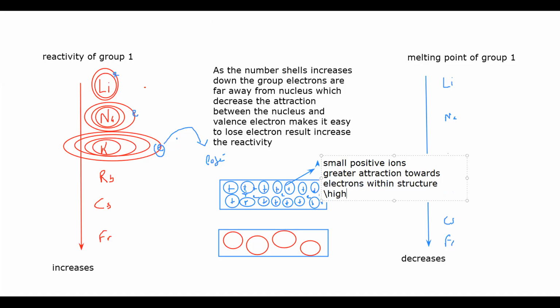That's why it will have a high melting point. But when you compare with potassium, its ion size is much bigger. If the ion size is larger, there is a weak attraction. That is why it will have a low melting point.